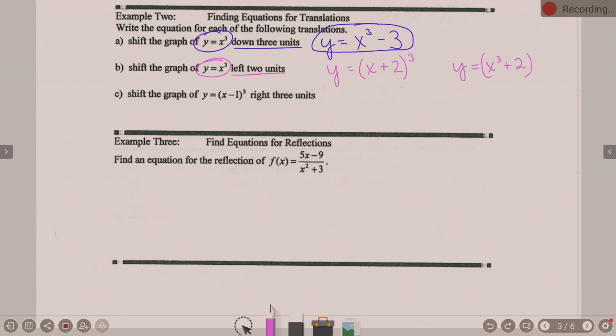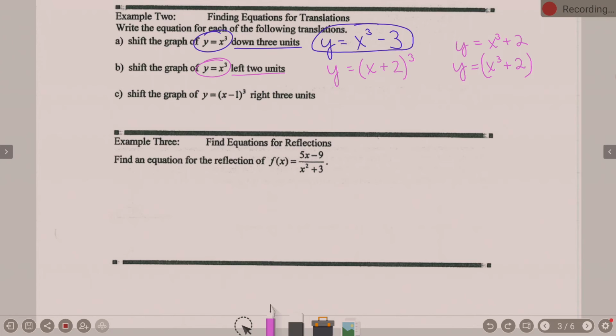Just doing y equals x cubed plus 2 and throwing a set of parentheses on it does not work. Because if I don't have to have those parentheses there, that would be the same thing as just having y equals x cubed plus 2. Those are equivalent, which means that one is an up 2.